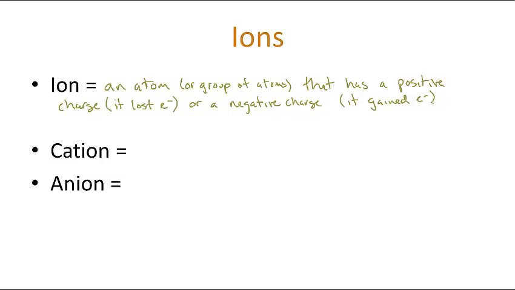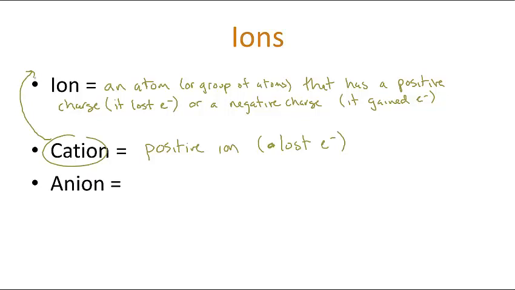Now, a cation is a positive ion. So that means it has lost electrons. Now you're going to see my spectacular artistic skills. So here's how you remember it.